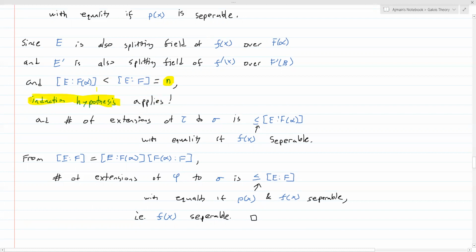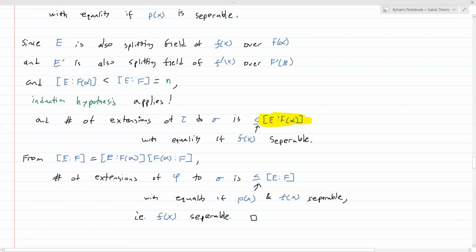And the induction hypothesis tells us that the number of extensions of tau, now we're fixing a tau between the new base fields F adjoint alpha and F prime adjoint beta, so tau is an isomorphism between these two guys, the number of extensions of tau to sigma between the splitting fields E and E prime is less than or equal to the degree of the extension from the base field to the splitting field.